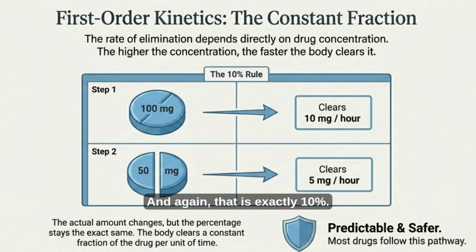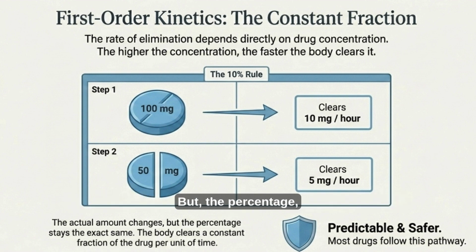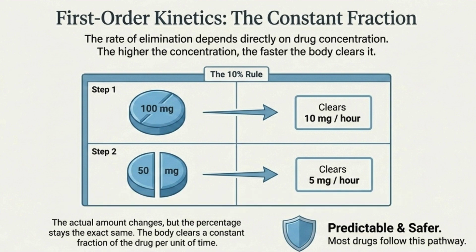And again, that is exactly 10%. The total amount of the drug being removed is dropping, sure, but the percentage, that 10% fraction, stays perfectly constant. Even as the dose drops, your body just naturally slows down the clearance as the drug concentration gets lower.